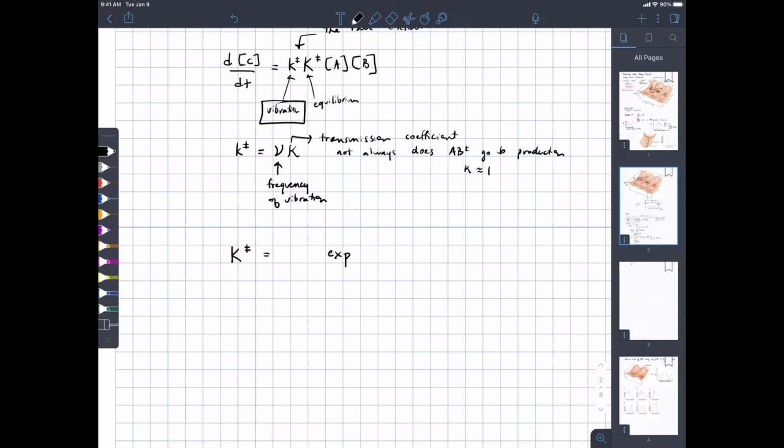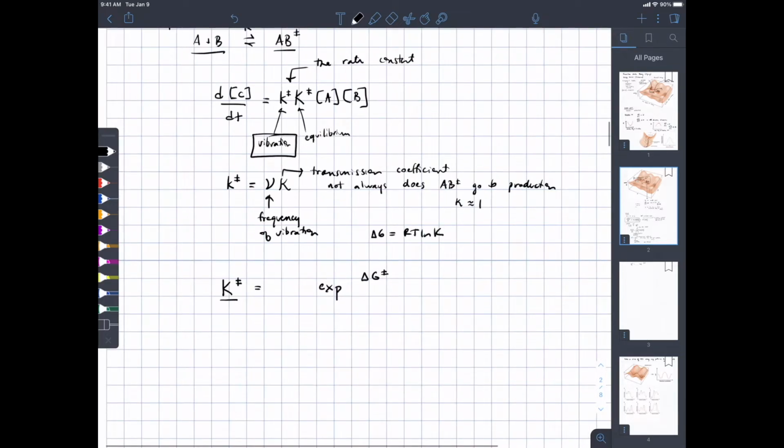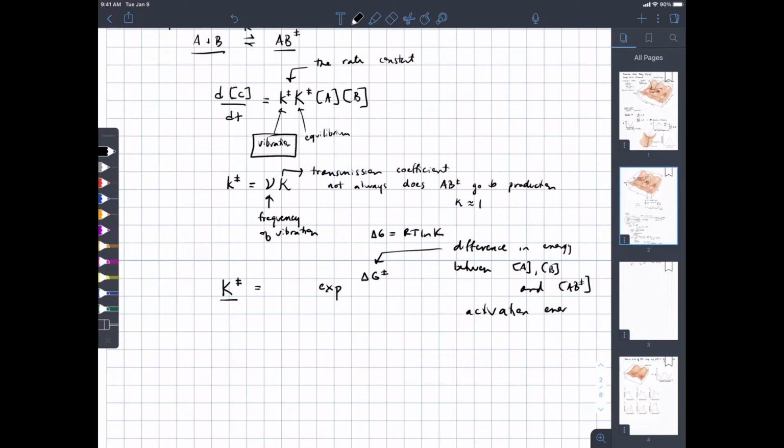However, it does have a relationship in the same way that we remembered in the past that delta G equals RT natural log of K. We can use a similar relationship to relate this equilibrium constant to the difference in free energy between your starting materials and the activated complex. And we often call this the activation energy.